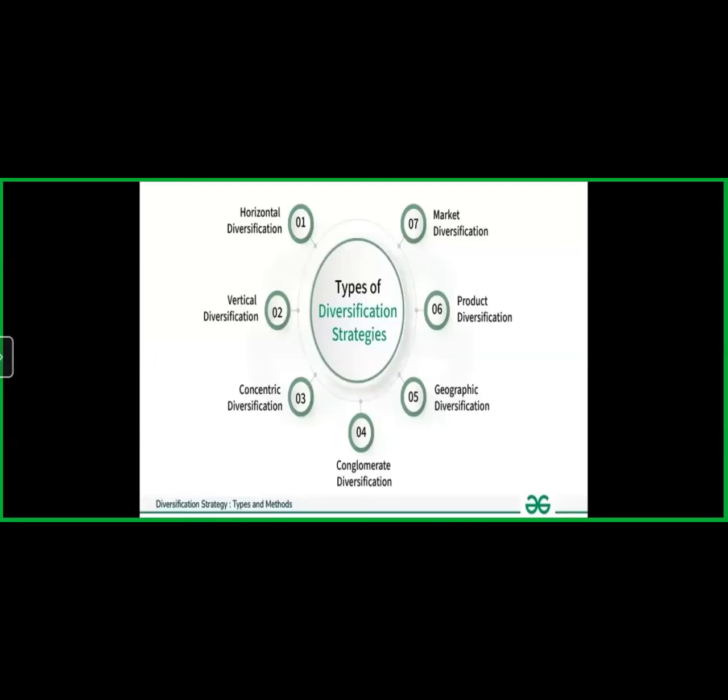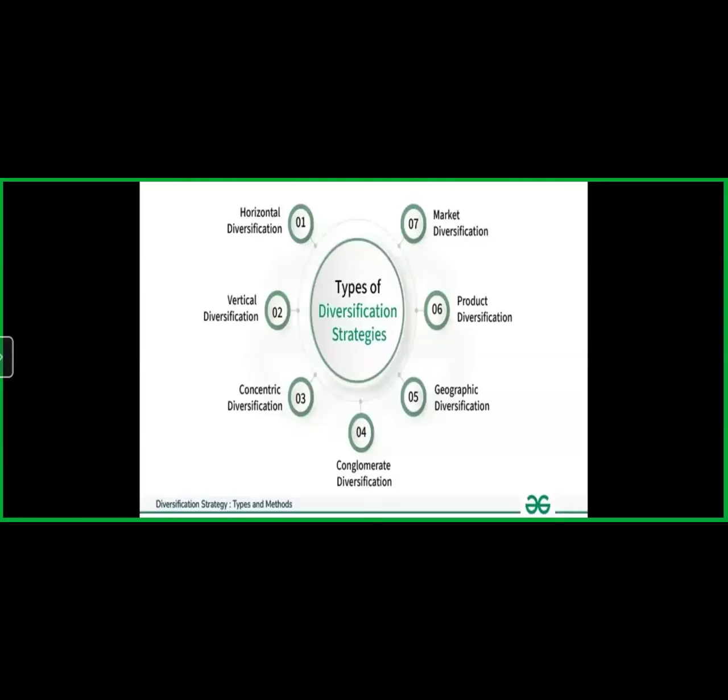So earlier only the search engine was there. Now they have expanded it, but they have not entered a very different field. In the same field, they are trying to expand their business, and that is called horizontal diversification. Then we can talk about Apple, that first they came up with the iPhones. When they came to know that yes, iPhone is doing very good, then they started iPads, then they started iPods.